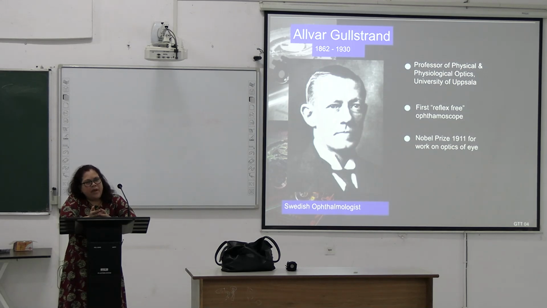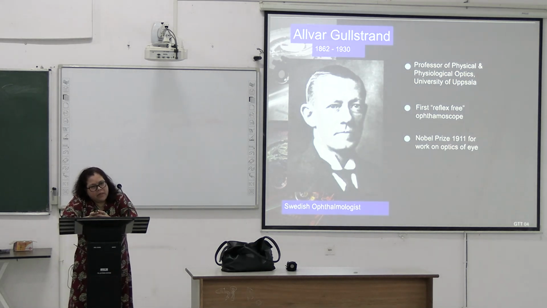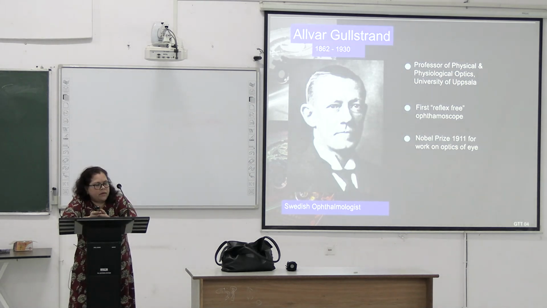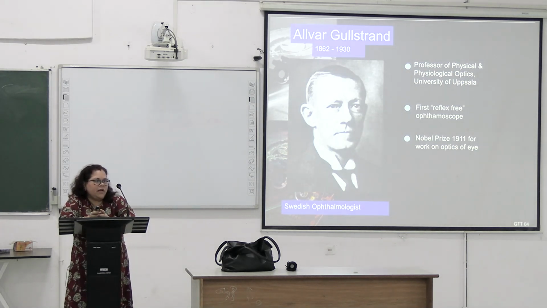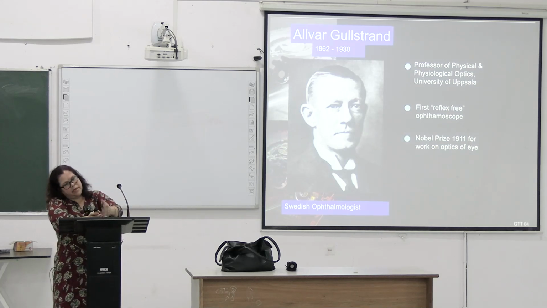Amblyopia is decreased visual acuity with no improvement with glasses, and it may occur if the patient is suffering from squint, or there is any opacity in the media, or the patient is suffering from refractive error.